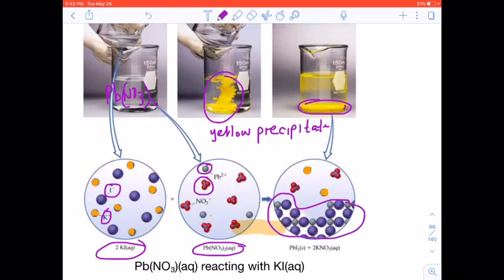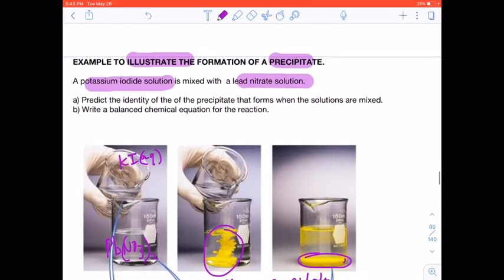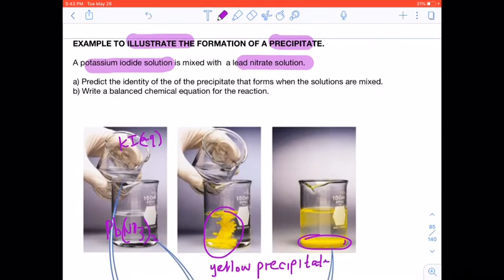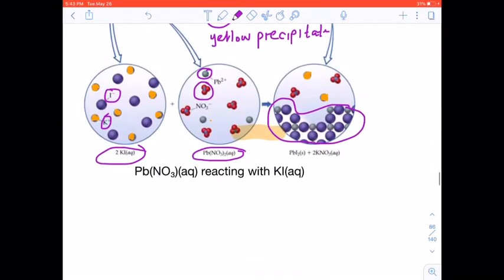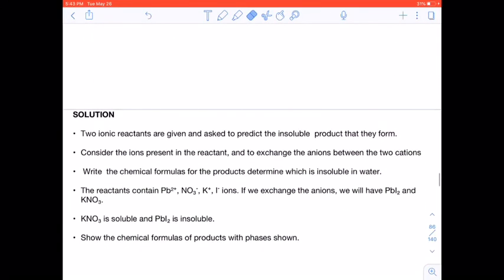All right, so we need to see how we look at this. We want to predict the identity of the precipitate that forms when solutions are mixed, and we want to write a balanced chemical equation, or a molecular equation, for this. So how do we go about doing that?